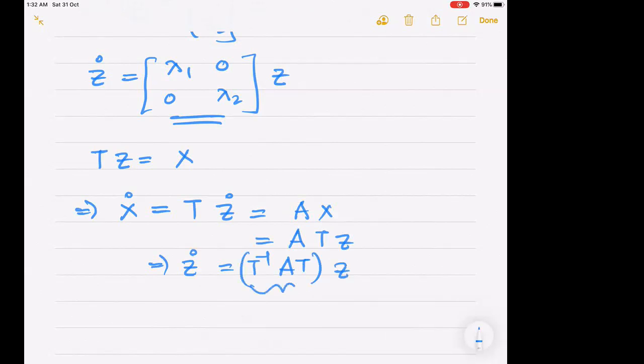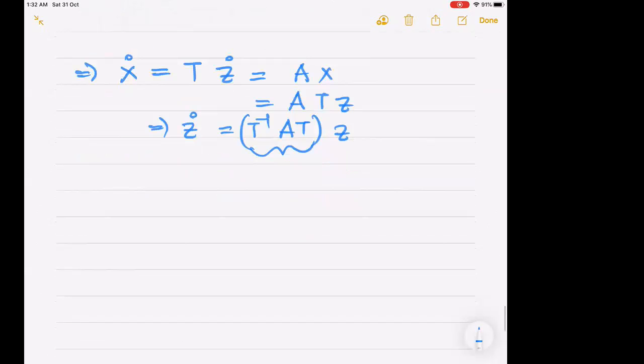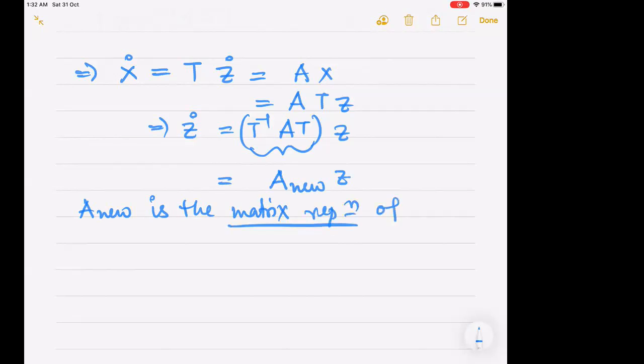And we know from what we have learned before that this T inverse A T, which we call A nu, is the matrix representation of the operator given by A, x maps to Ax. This is a linear operator.